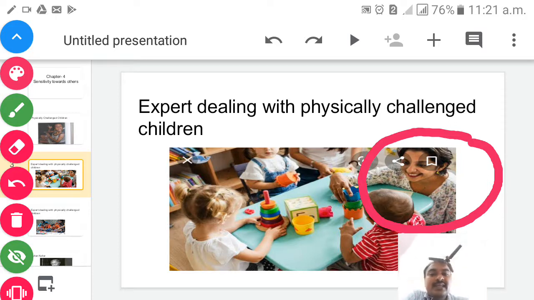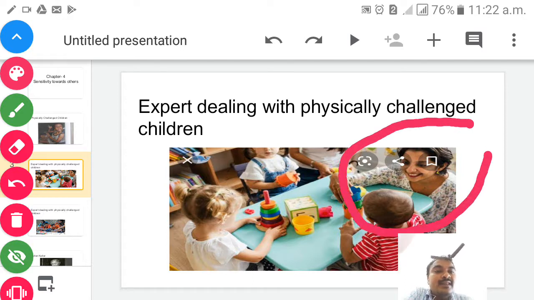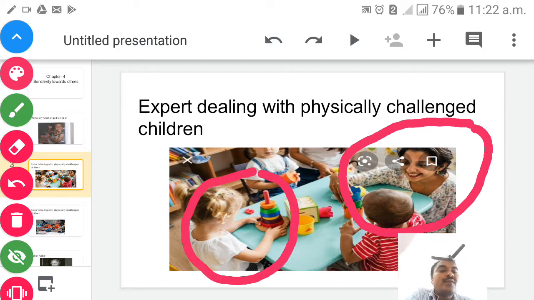So children, you can see here, once again I will show you how the teachers are dealing with the physically challenged children. You can see a girl sitting here, looking at the teacher and following her instructions. In the same way, nowadays in this modern world, with the help of science and technology, the physically challenged children are more comfortable when we compare with the ancient times, children.